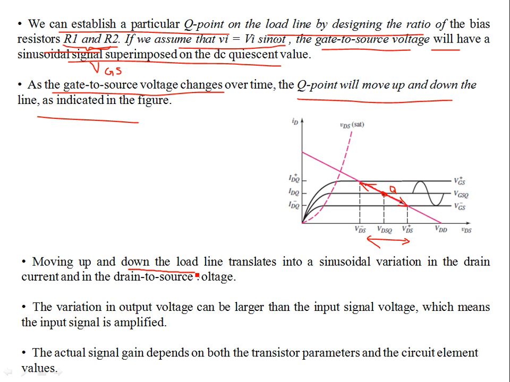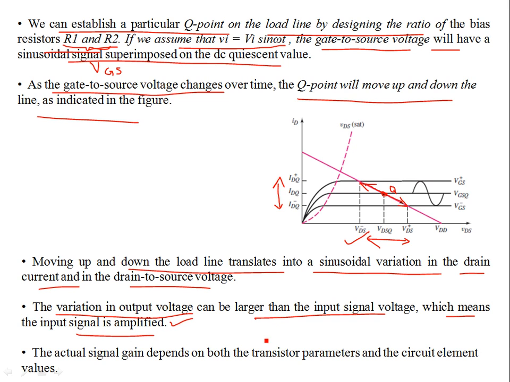So moving up and down on the load line translates into the sinusoidal variation in the drain current and in the drain to source voltage. That can be mapped onto the drain to source voltage through IV relationships of the MOSFETs in saturation. So the variation in the output voltage can be larger than the input signal, which means that the input signal is amplified. That's how you explain the idea behind amplification in the saturation region of operation.